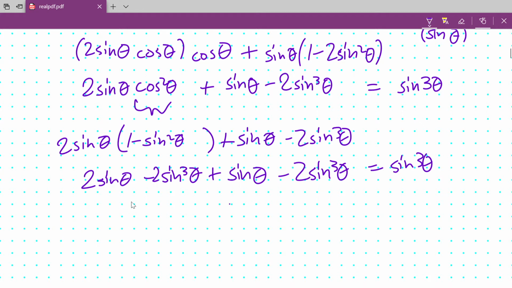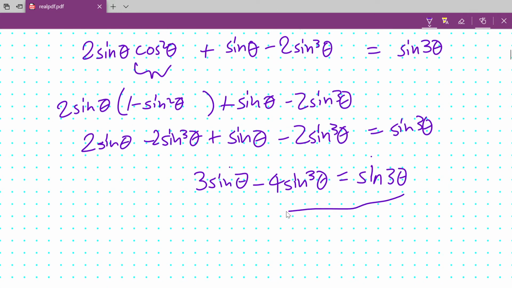And finally, we have our answer, which is 3 sine theta, adding up the 2 sine theta and the regular sine theta, minus 4 sine cubed theta is equal to sine 3 theta. And that's how you would solve this kind of question.